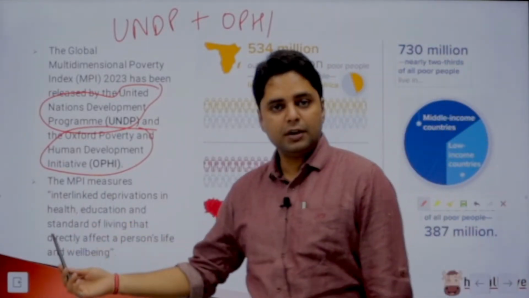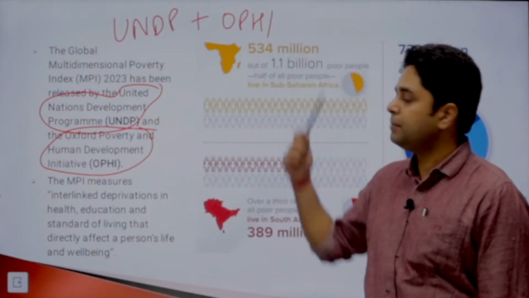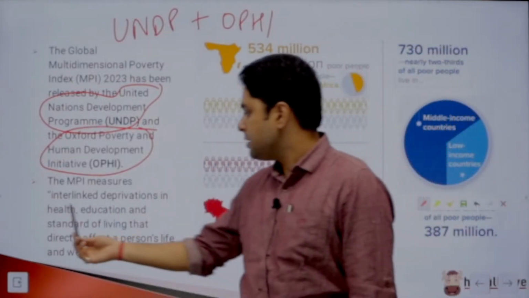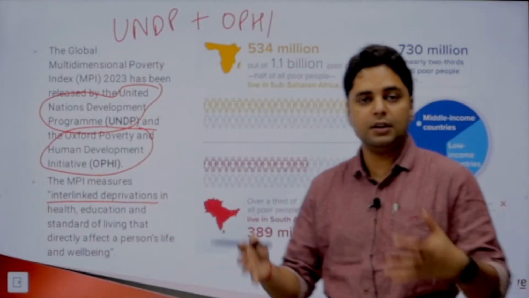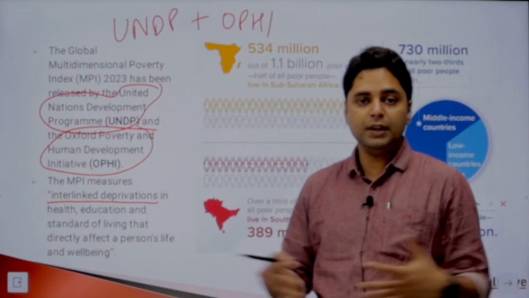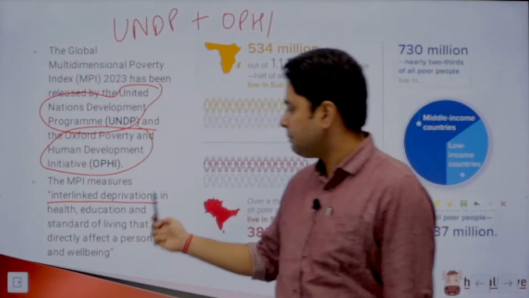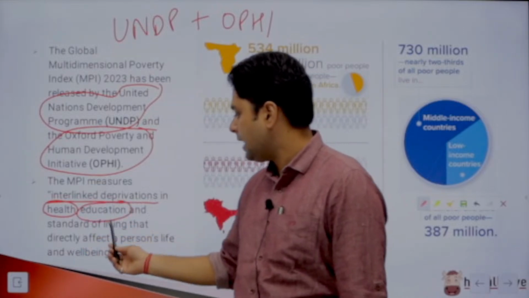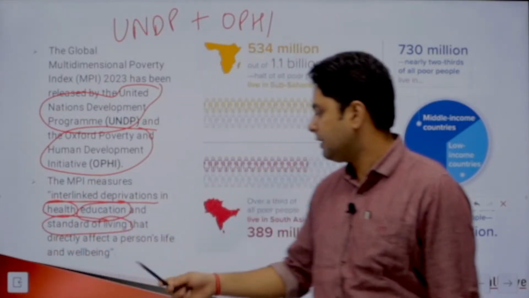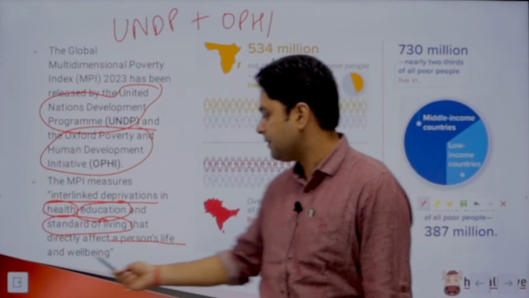So what does it measure? According to UNDP and OPHI, it measures interlinked deprivations. The deprivations are the things that they are deprived of, how they are interlinking. Interlinked deprivations in health, education, and standard of living that directly affect a person's life and well-being.